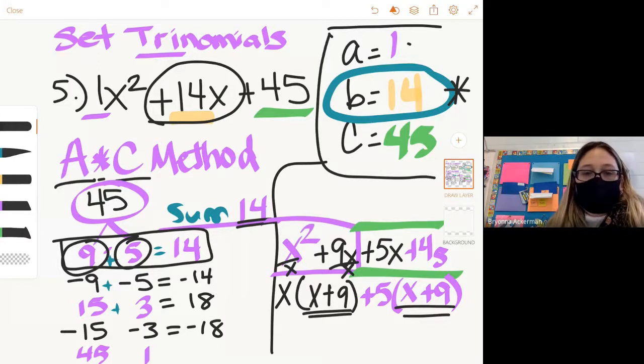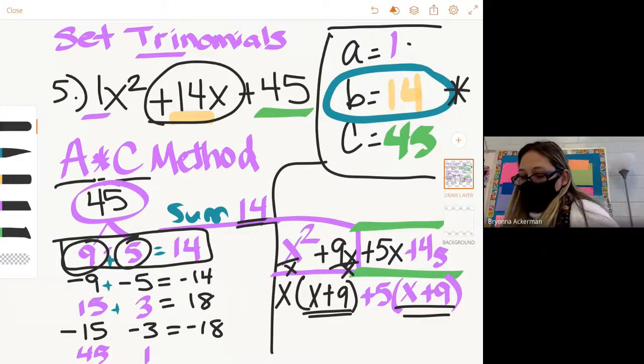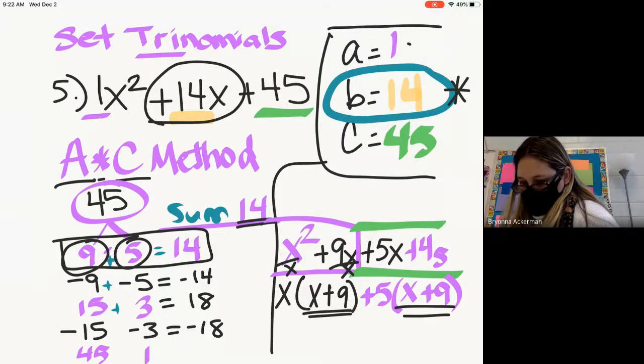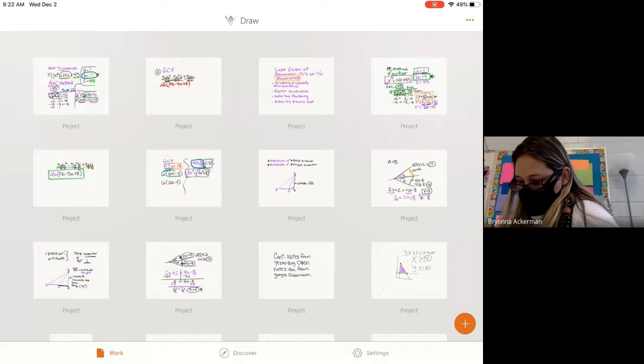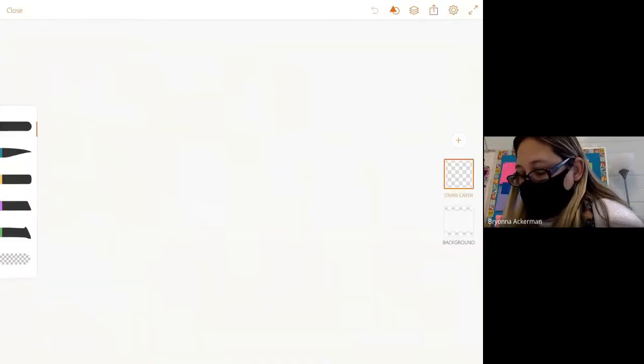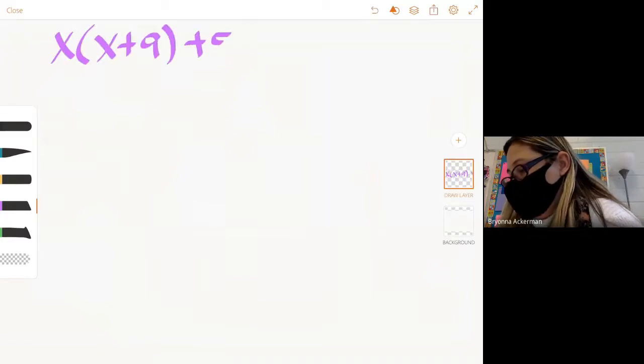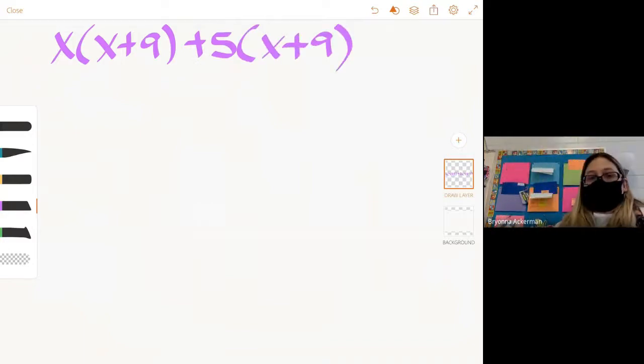Let's see if I might need more room. I'm going to rewrite it on a separate one real quick, just because I ran out of room. So I had x times x plus 9, plus 5 times x plus 9. Okay. Everyone's here, yes?